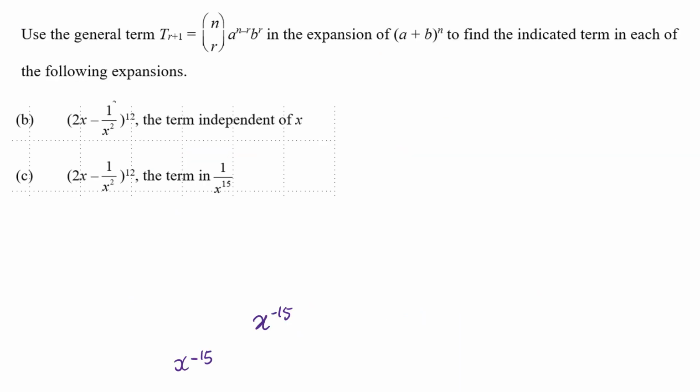Right, we're going to do the next part of the question. That's part B. For part B, we're given a different expansion, and we're asked to find the term independent of x. The term independent of x means the x to the power of 0 term.